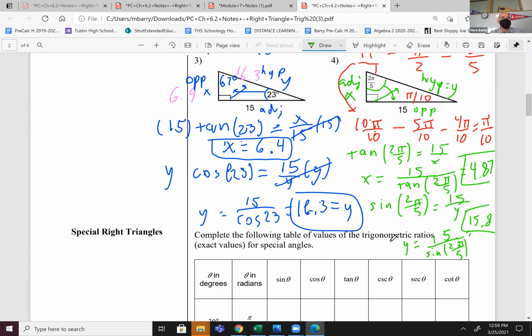All right. Y was my hypotenuse, right? So that is good. I got the biggest side opposite my right angle. And then I got this 4.87 is opposite the pi over 10, which I said was our smallest angle. All right, so that's all good.